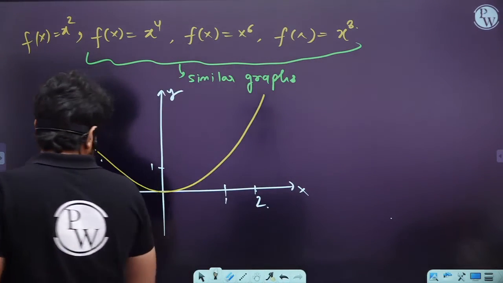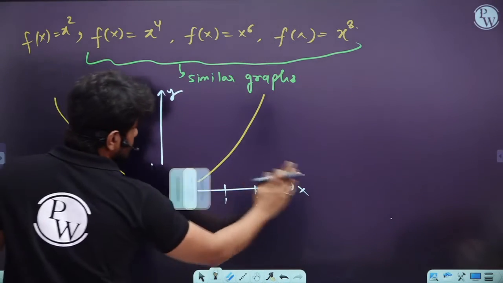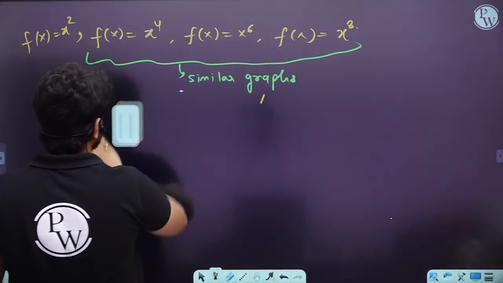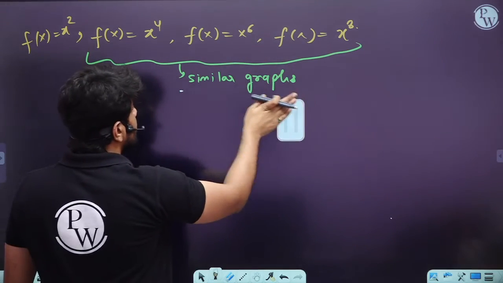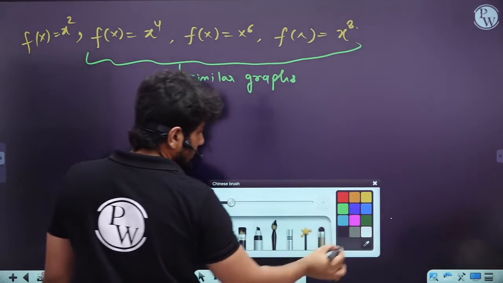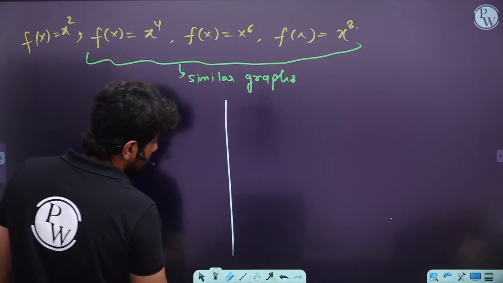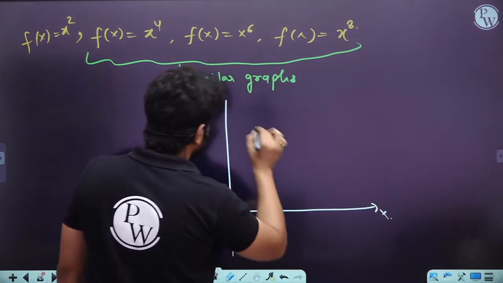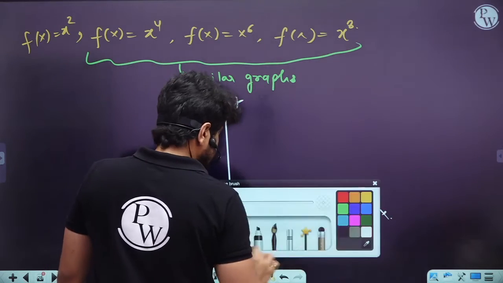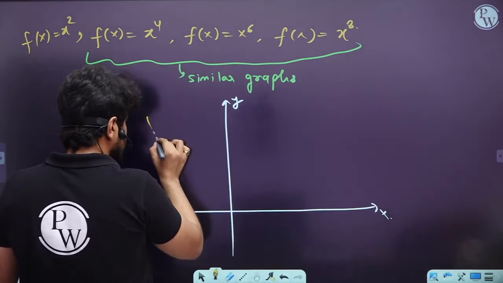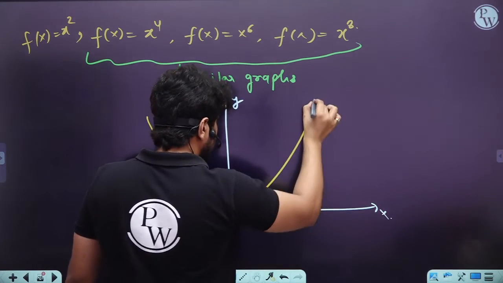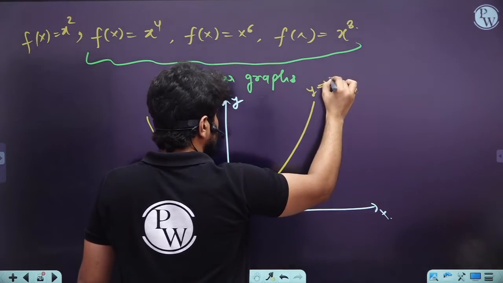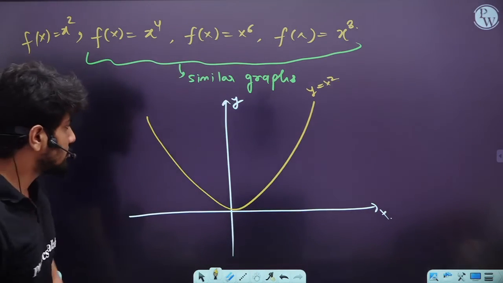Suppose we plot them one by one on the x-axis, y-axis. If I draw all these graphs on the x-axis and y-axis, this is how it will look. See, this is the graph of y is equal to x square, correct?